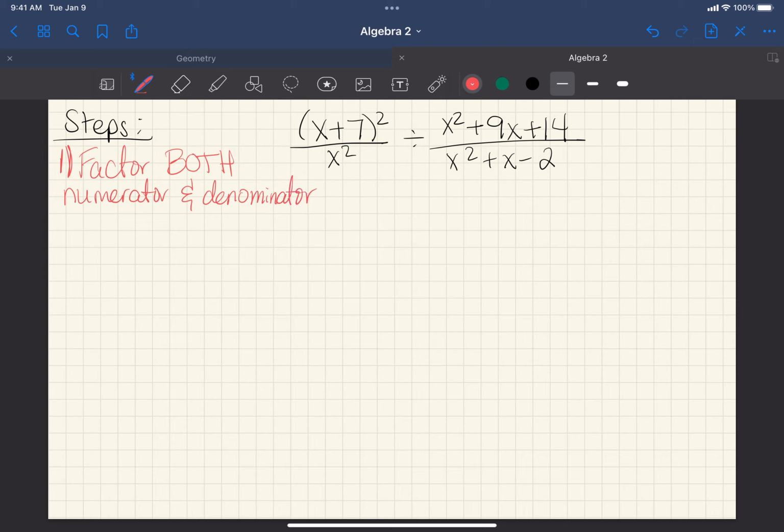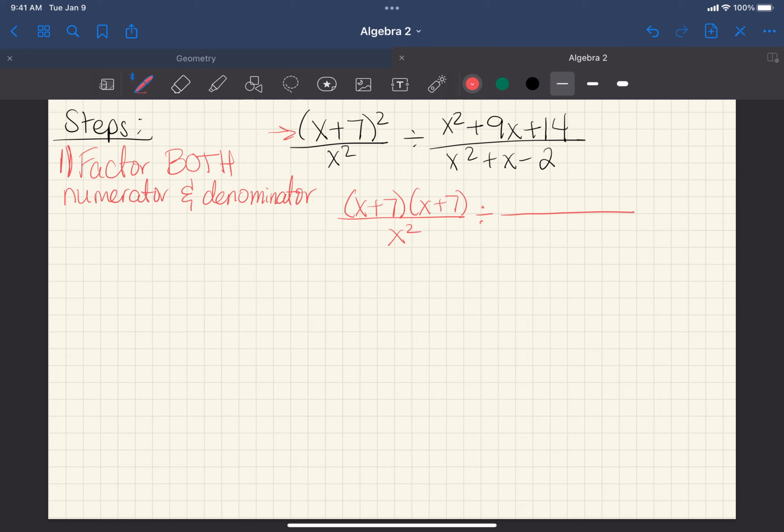So this first expression, x plus 7 squared, would be the same thing as writing x plus 7 times x plus 7 over x squared. And that's going to be divided by, again, if you forget how to do the factoring, by all means, look through your notes.